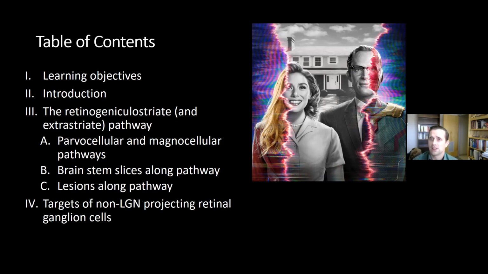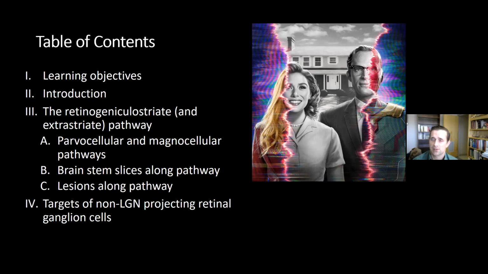Then we'll talk about lesions along those pathways and what kind of deficits to vision you might see with those lesions. And then at the end, we'll talk about the targets of non-lateral geniculate nucleus projecting retinal ganglion cells. So you do have some retinal ganglion cells. Those are the bipolar sensory neurons in your eye that are associated with vision.